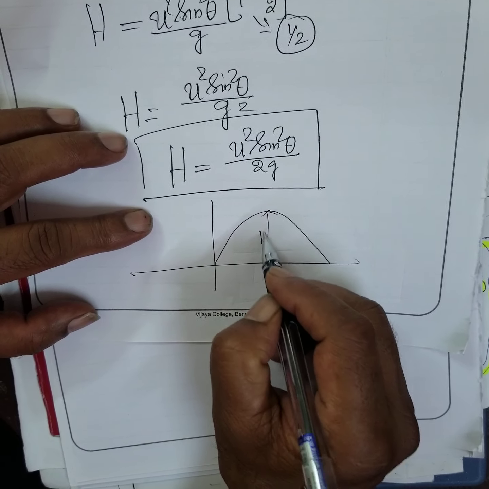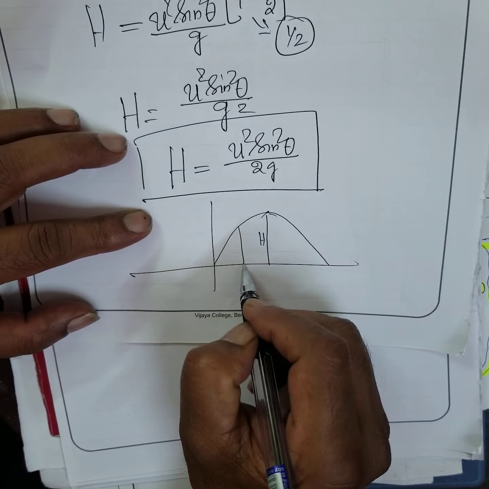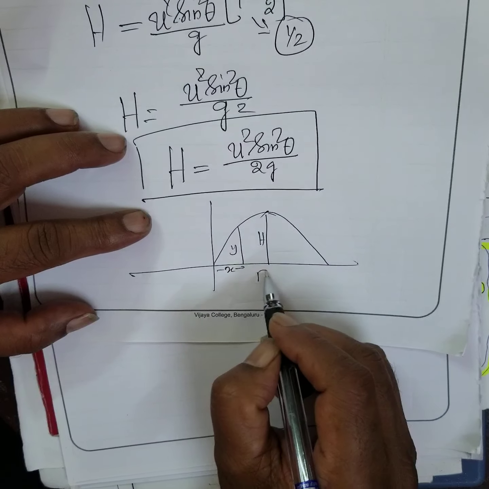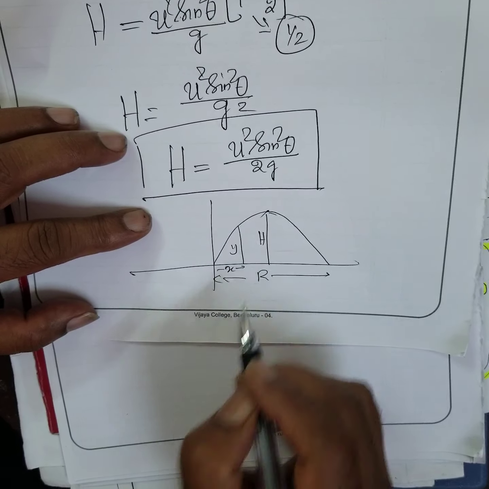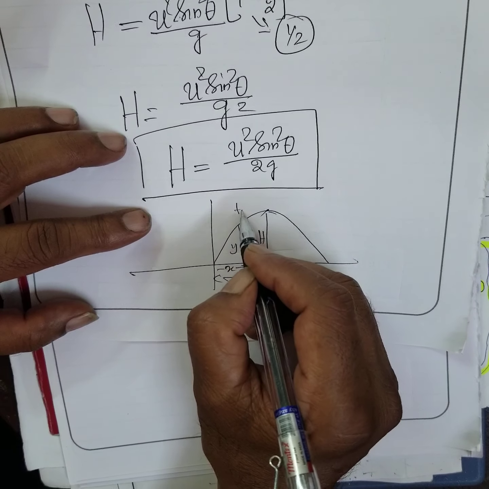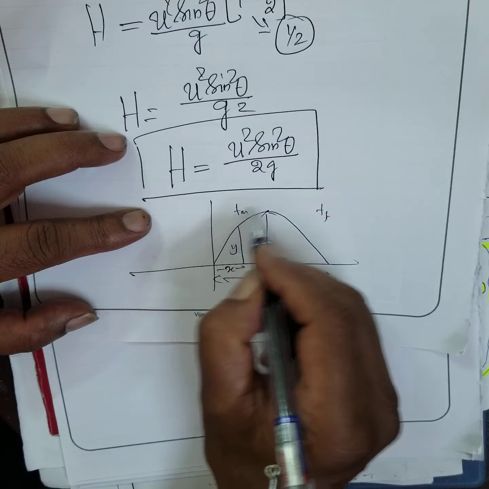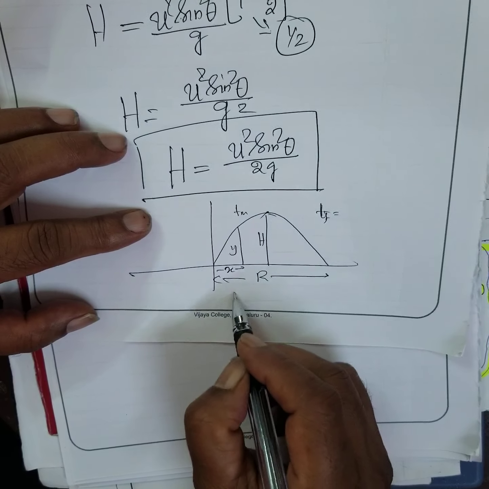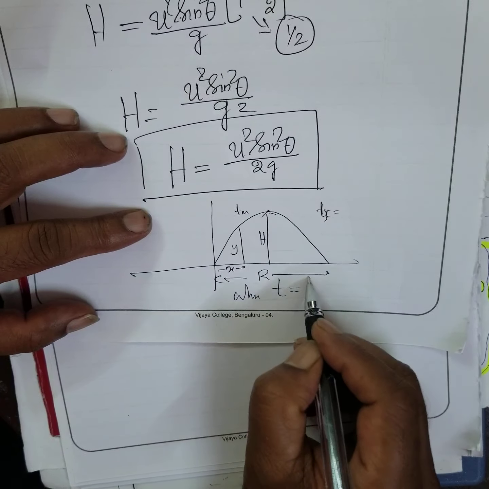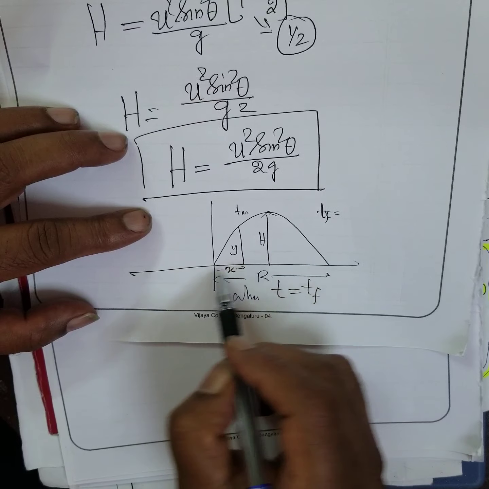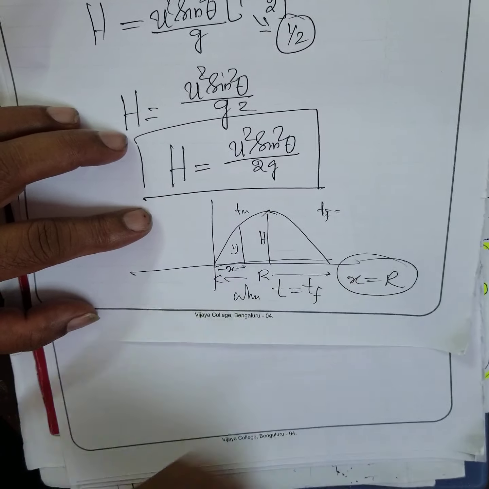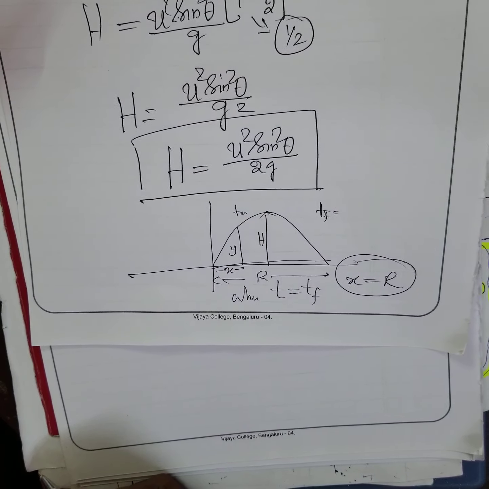This is the maximum height. Here, x, this is y, and R is the range. This Tm and tf is total. When t becomes tf, x becomes R, correct? X becomes R.